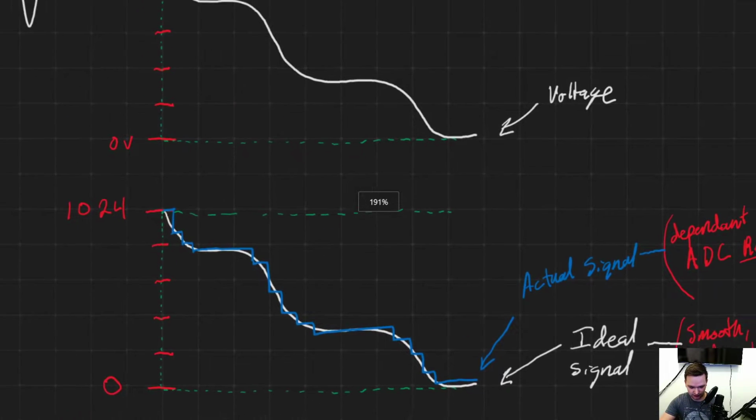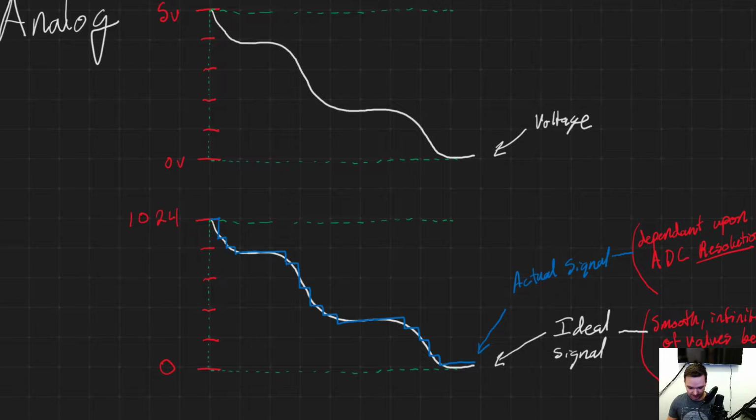You can see the two graphs here, and the ideal signal, I'll tell you about this 1024 and the 0 here in just a second. You can see that white line is our ideal signal given our voltage. So this is what it would look like when we get an analog reading versus our voltage on that pin that we're taking that analog reading off of.